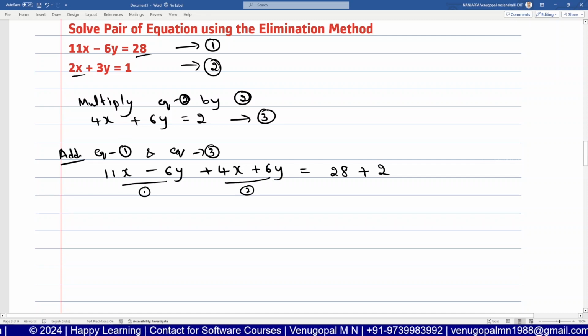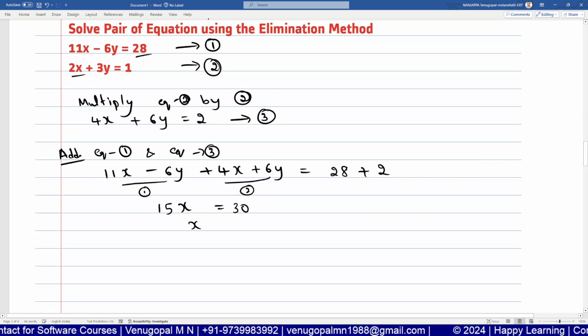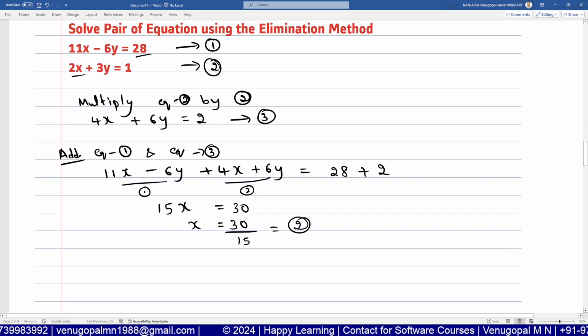So now 11x plus 4x is equal to 15x. Y will get cancelled, minus 6y plus 6y, 28 plus 2, 30. So x is equal to 30 divided by 15, which is 2. The value of x is equal to 2.